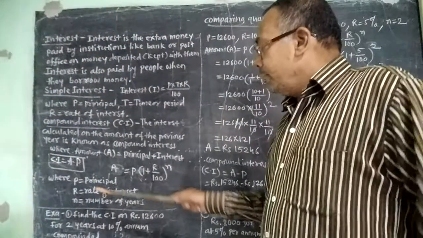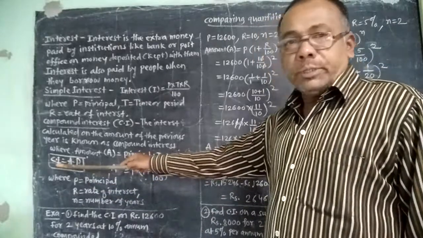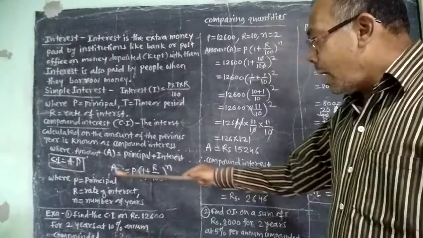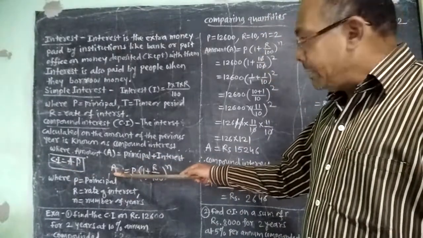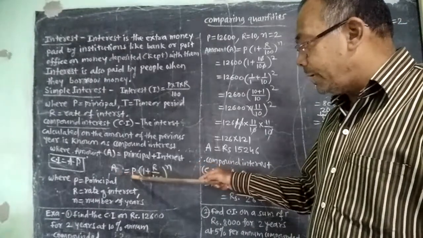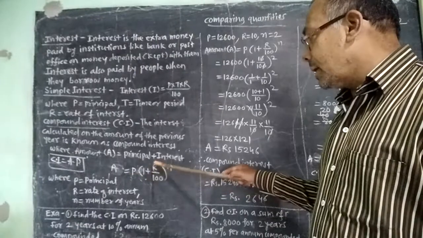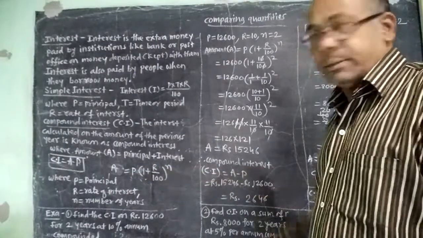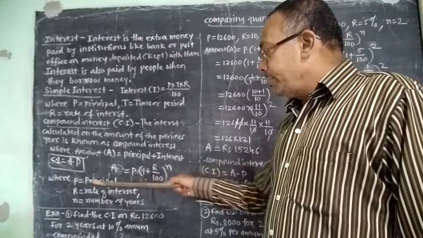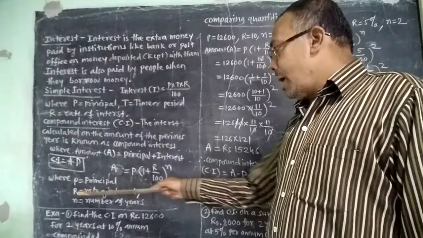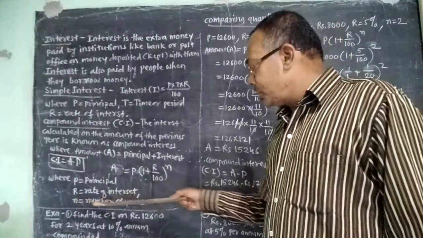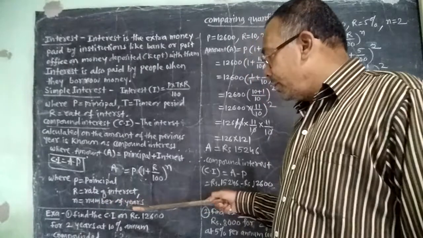But for the calculation of the compound interest, we must know the amount, and amount can be calculated with the help of formula, that is A is equal to P into (1 plus R upon 100) raised to N, where P is the principal, R is the rate of interest, and N is equal to number of years.